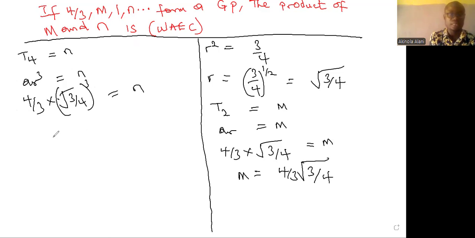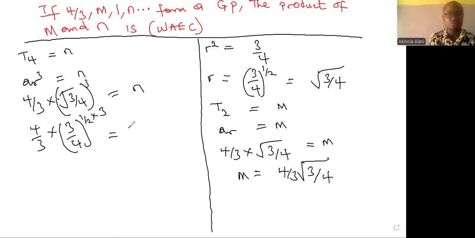Square root of 3 over 4 raised to the power of 3 is equals to n. Now I can write this one as 4 over 3 multiplied by 3 over 4 raised to the power of half times 3.